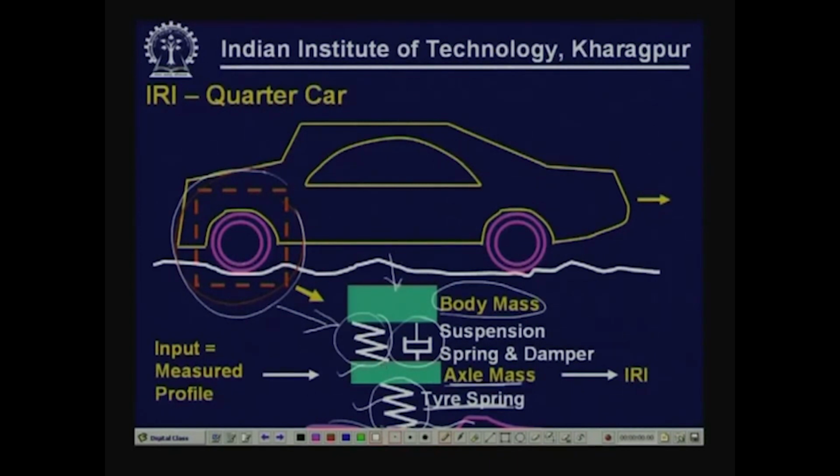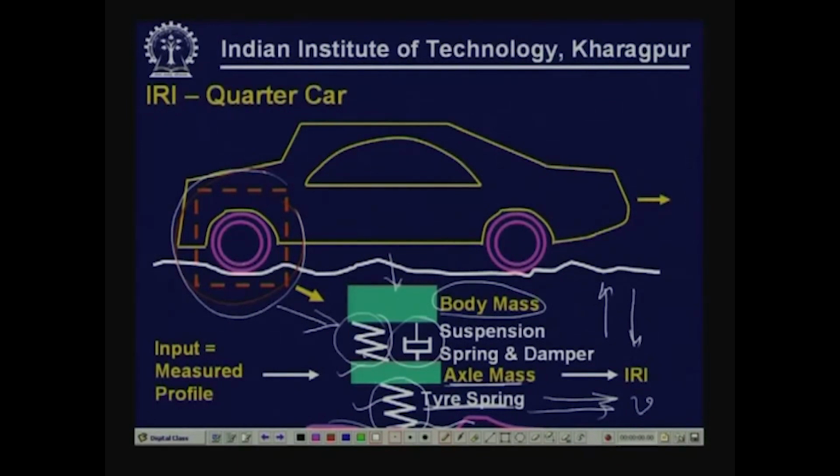So, input to this system, this is a theoretical system, and then we can find out, when it is subjected to variation in this profile, when this vehicle is made to move over this profile at some speed, we can compute theoretically using some theories the vertical stroke of the suspension system. So, as it moves along this profile, the cumulative vertical movement of the suspension system can be theoretically calculated.